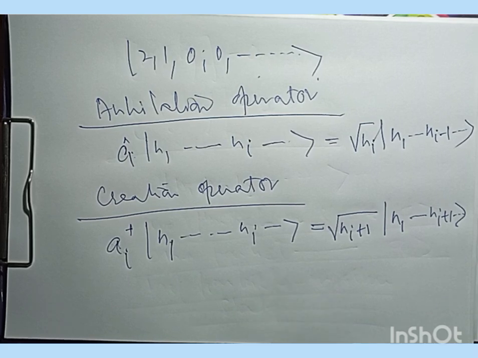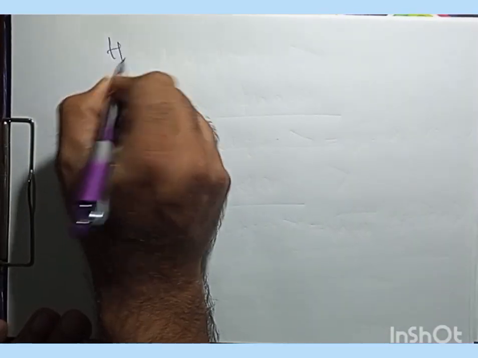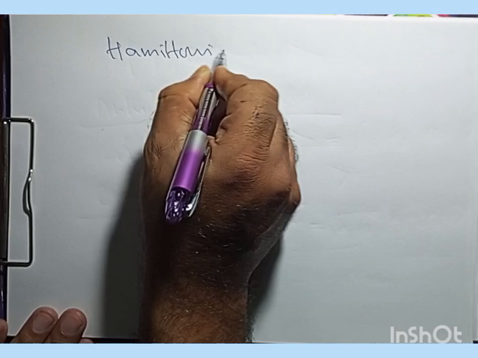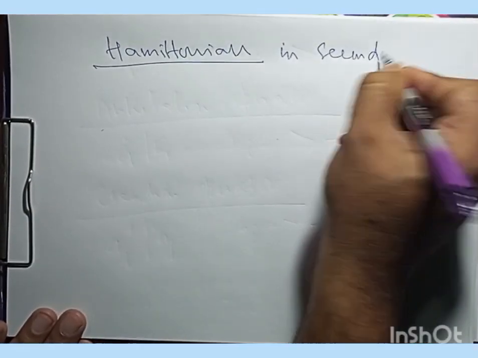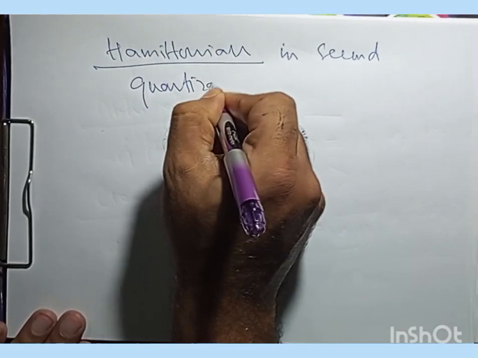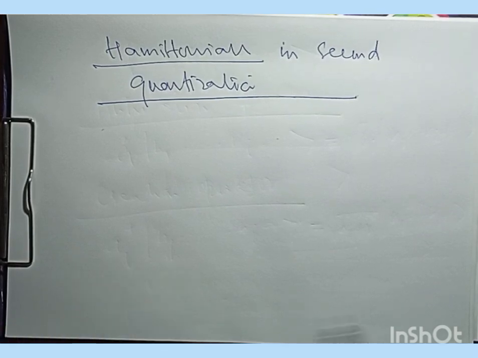Now, proceeding from here, talking about the Hamiltonian in second quantization, the Hamiltonian of the system. This Hamiltonian of a system in second quantization can be written in terms of creation and annihilation operators. What does that mean?